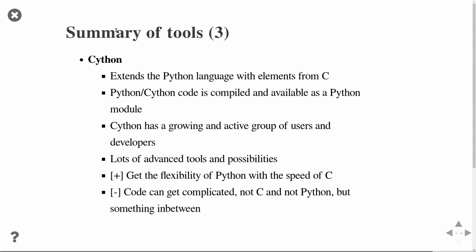And there's actually quite a lot of possibilities and advanced tools that you can use. So the advantage here is that you get the flexibility of Python with the speed of C, but the disadvantage is, in particular for bigger programs, the code can be quite complicated, and we're actually not working with Python nor with C. We're kind of working with something in between. You'll see this in a second.